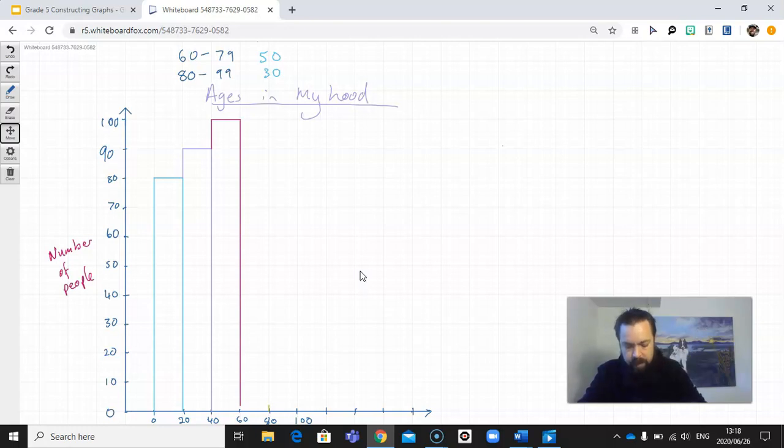For the fourth group, it was down to, so that's the 60 to 79 group. It was down to 50. And for the next one, it was down to 30. Right, so that's now my histogram.